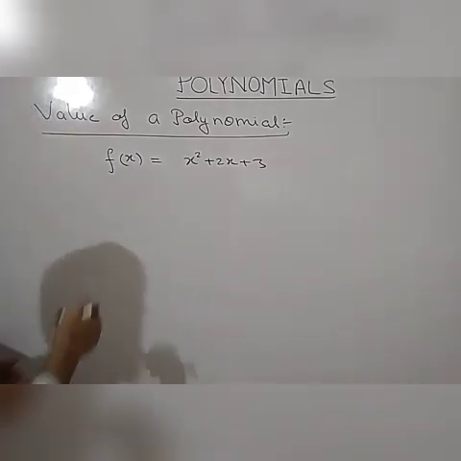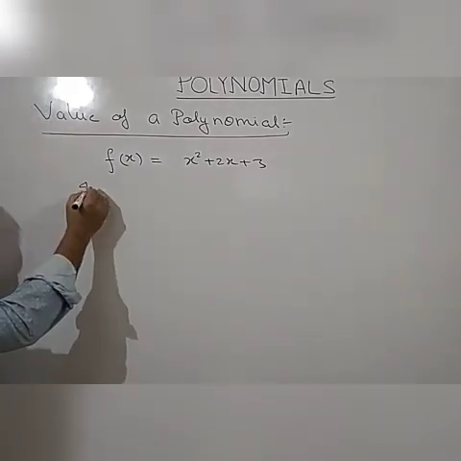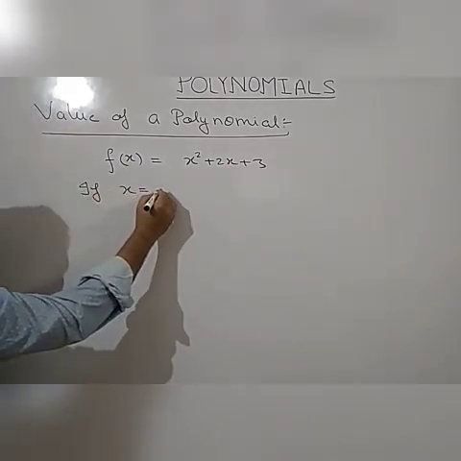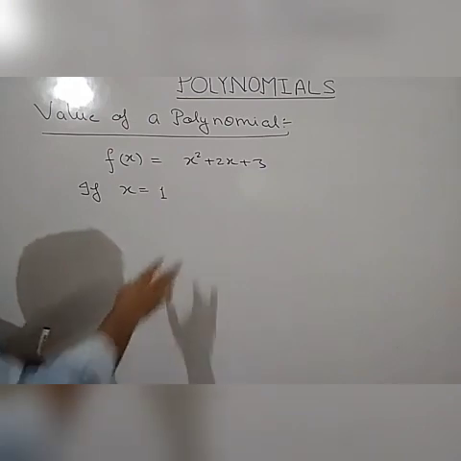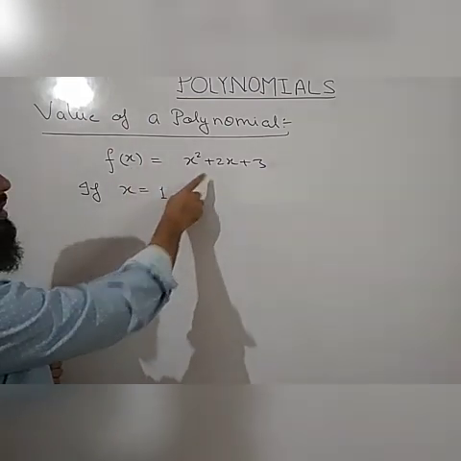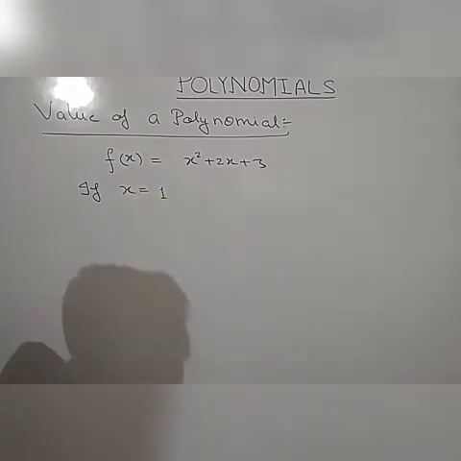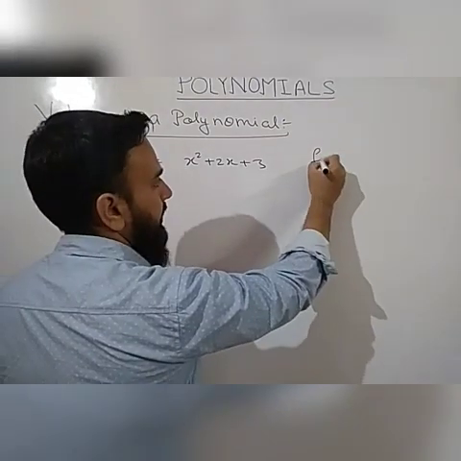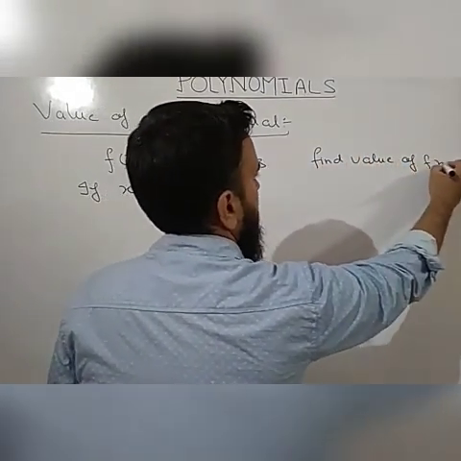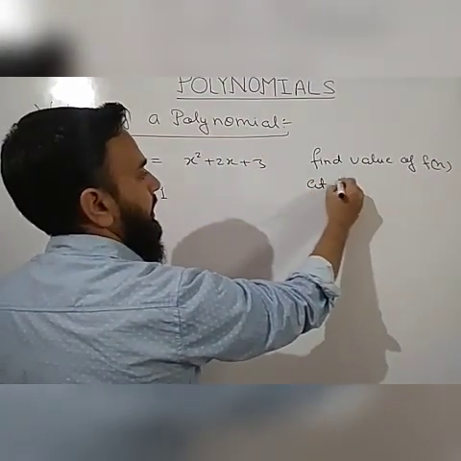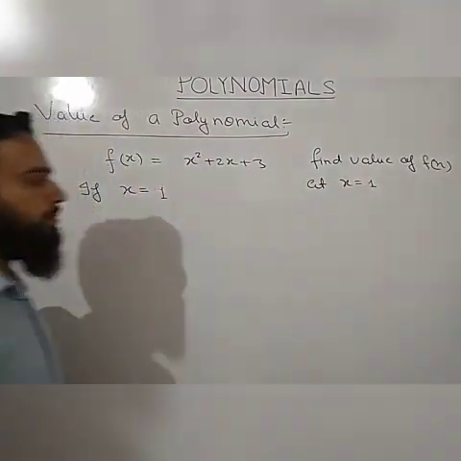So suppose it is given that x is equal to 1, and it is asked to find the value of this polynomial at x is equal to 1. So the question is: find the value of f(x) at x is equal to 1.